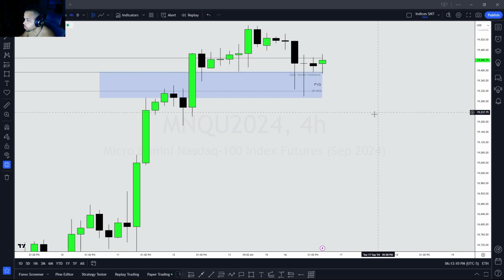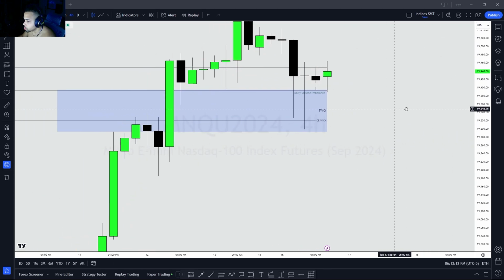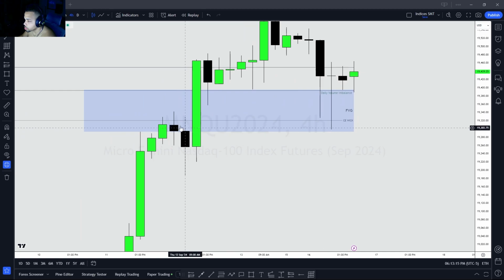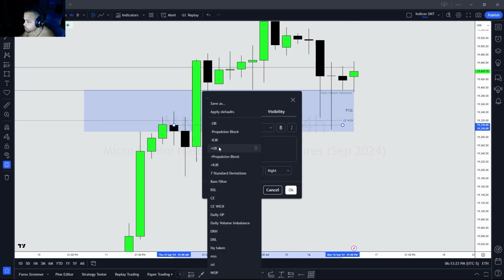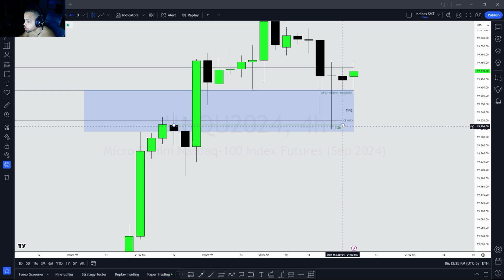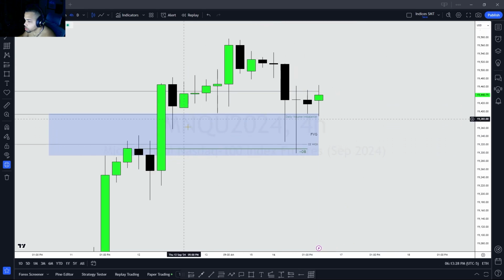If we go down to the 4-hour, we have here 2 down close candles here, which would be your order block here. And there goes the order block, which couples very nicely with that consequent encroachment wick.